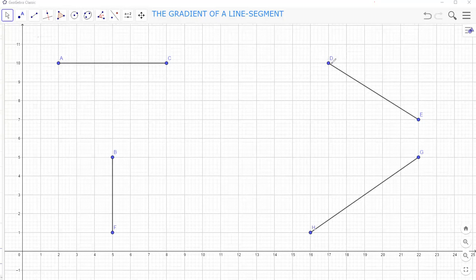A simple definition really of a gradient is to describe it as a rate of change. Okay, how fast does something change? As you move on into grade 11 and 12, in fact in grade 12, you will look thoroughly at the gradient of other equations or other geometric figures.